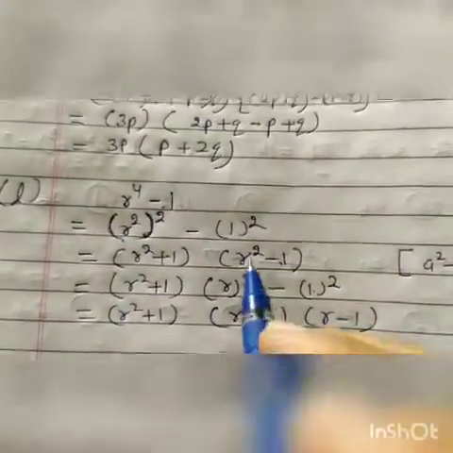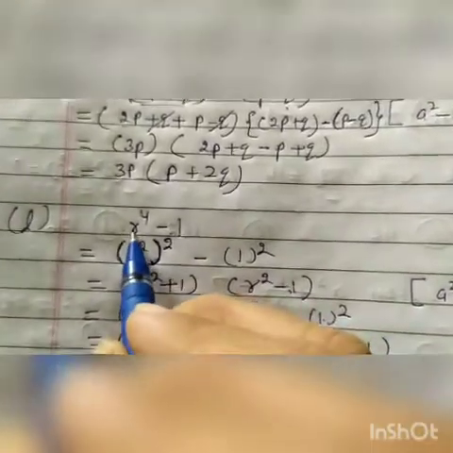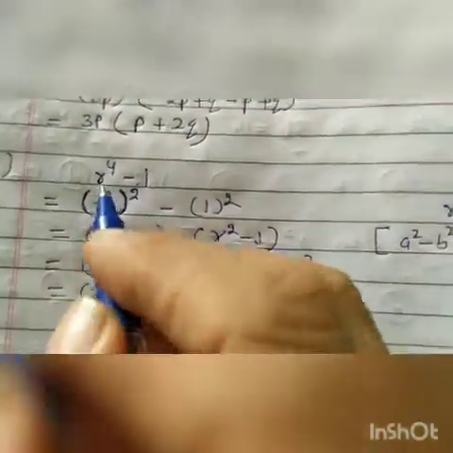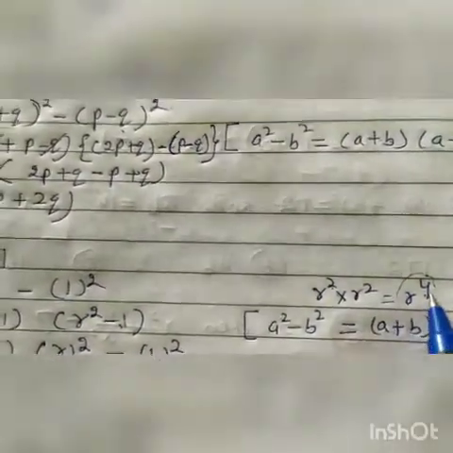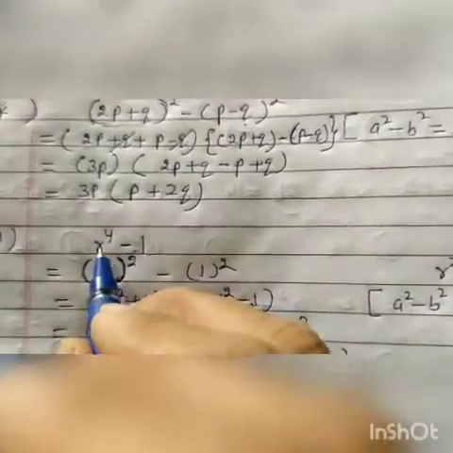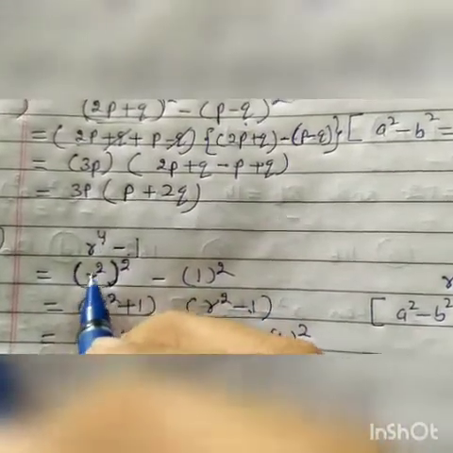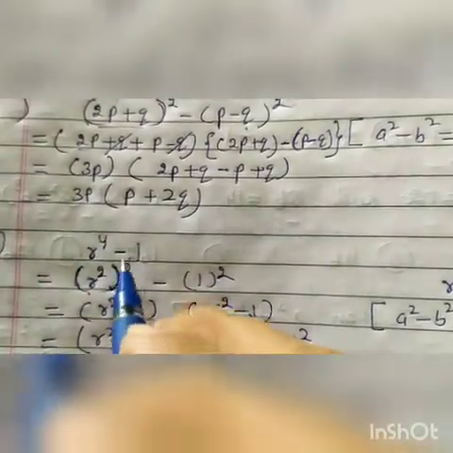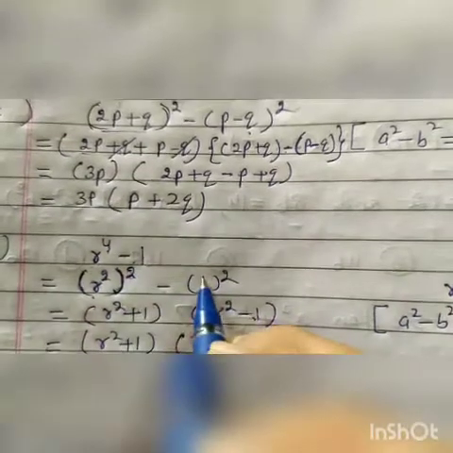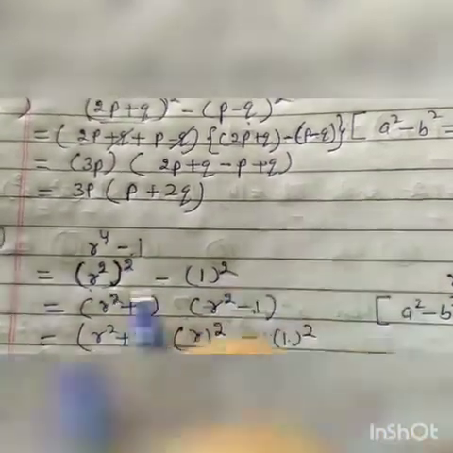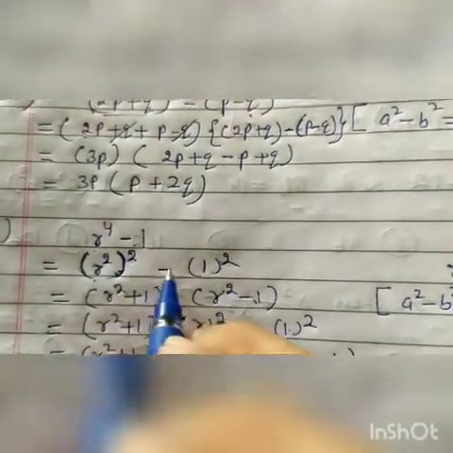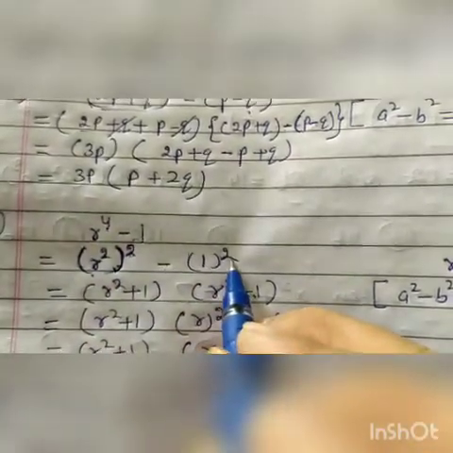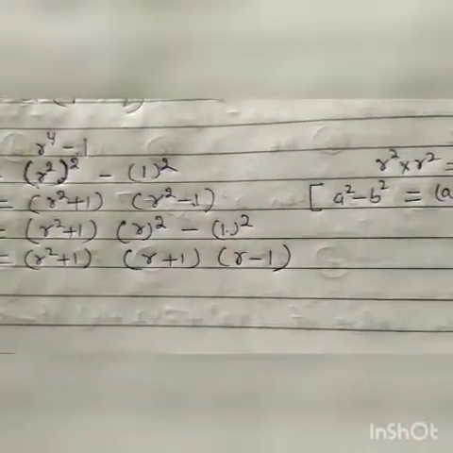I am explaining this question once more. R power 4 can be written as r square multiply r square, which is equal to r power 4. It means, students, r power 4 can be written as r square whole square, and minus 1 can be written as 1 whole square. Then within the bracket it is a square minus b square. So our identity a square minus b square is equal to a plus b, a minus b.